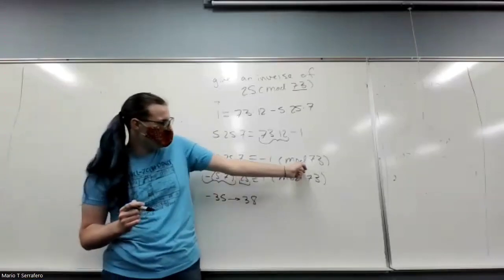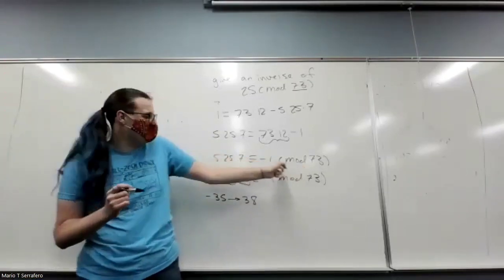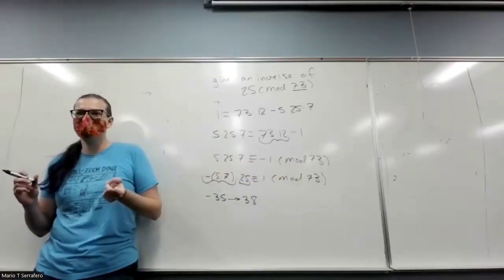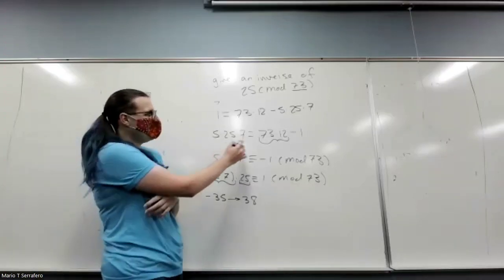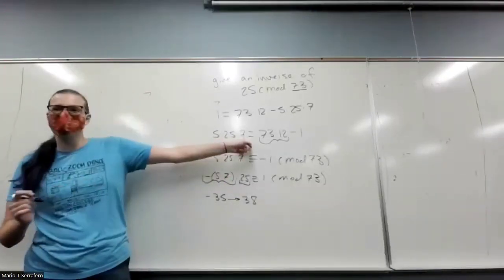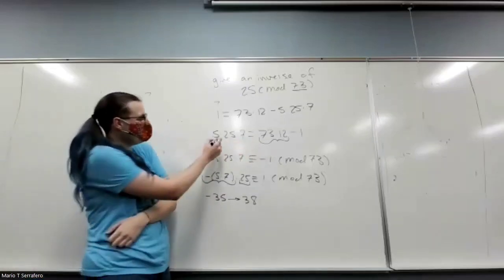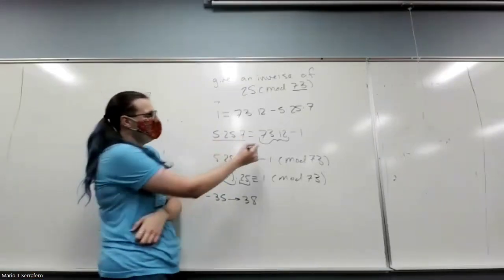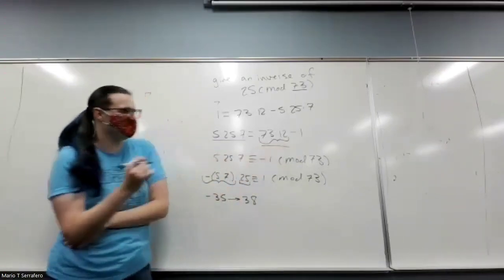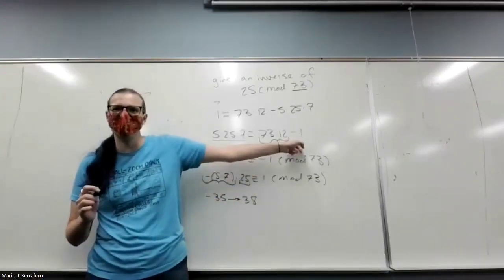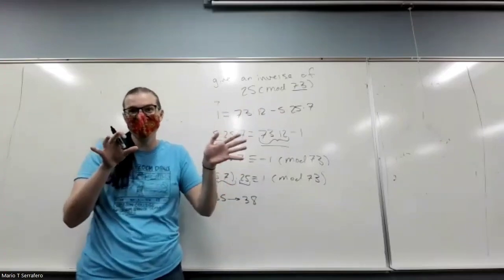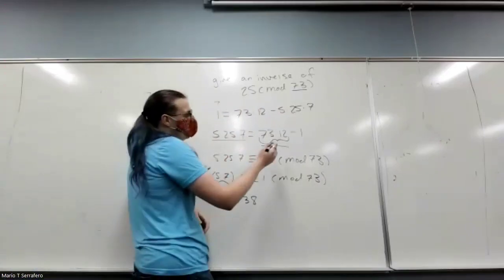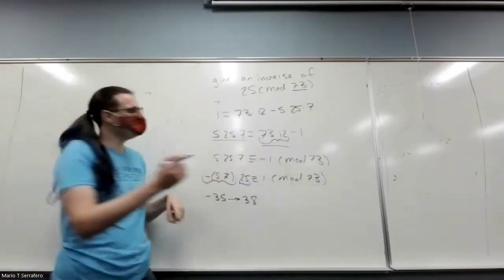Modulo here essentially means that this is what the remainders are going to be. What this piece tells me is that if I take 5 times 25 times 7, and I divide it by 73 times 12, I'll have a remainder of -1. Now that's a slightly weird way of phrasing it. So I could also refactor this slightly.